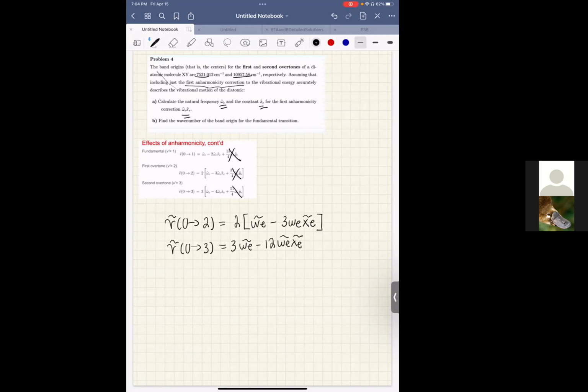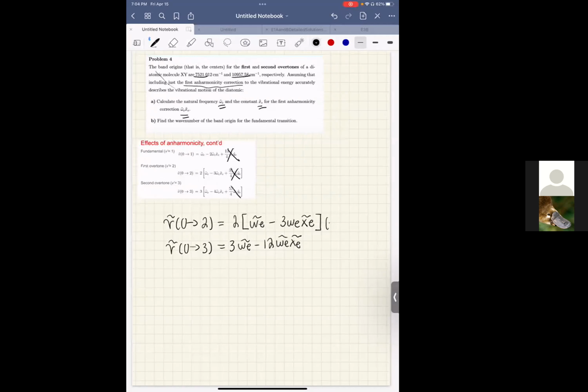So this time you multiply by -2, which will cross this out, and then all we're left with is -2 times ν(0 to 2) plus ν(0 to 3).